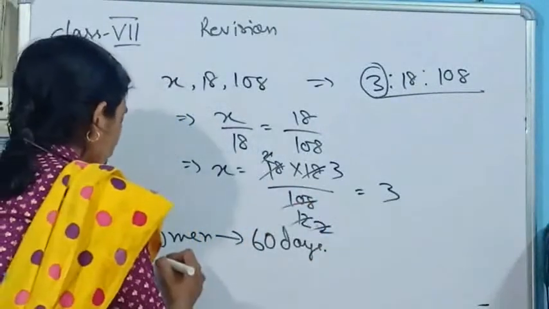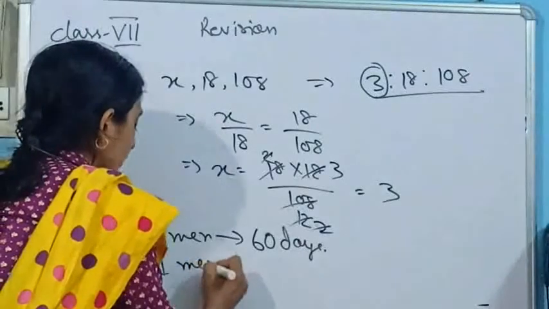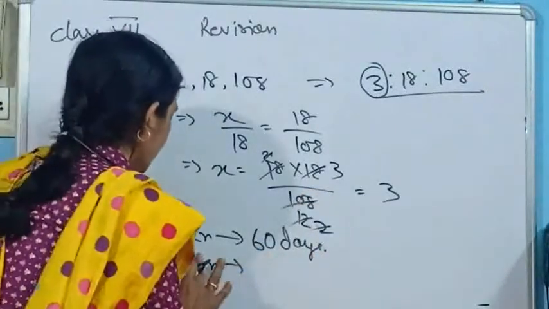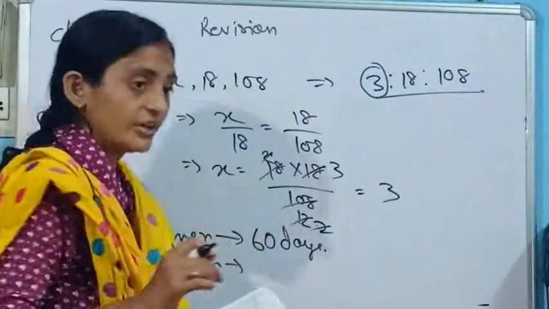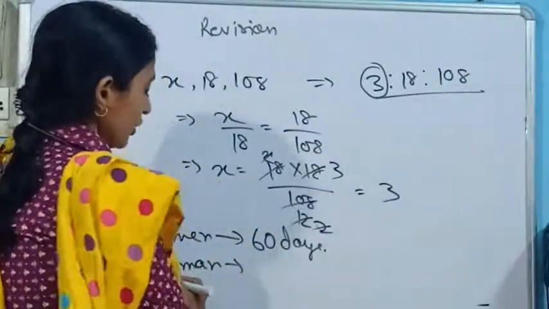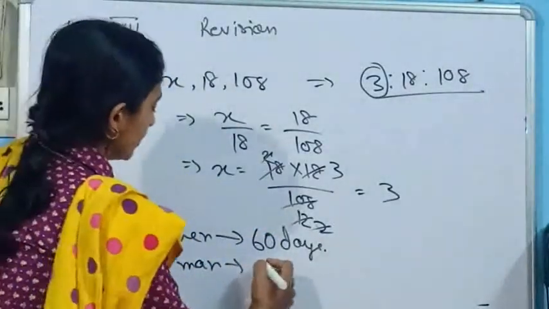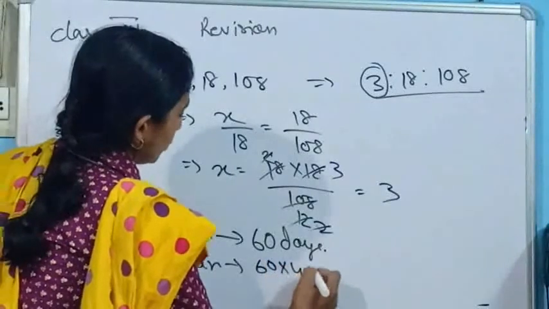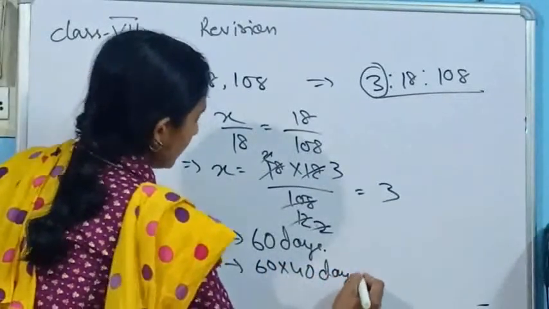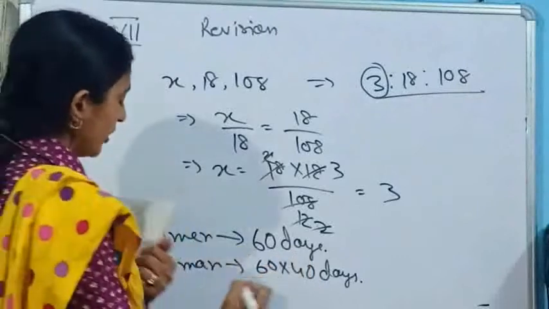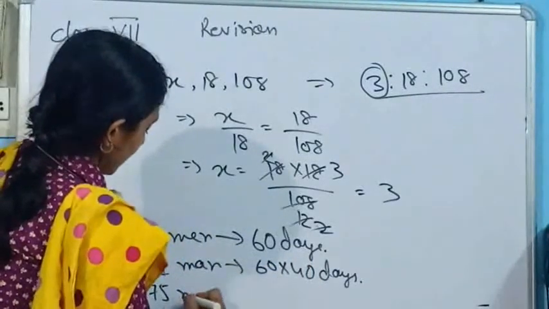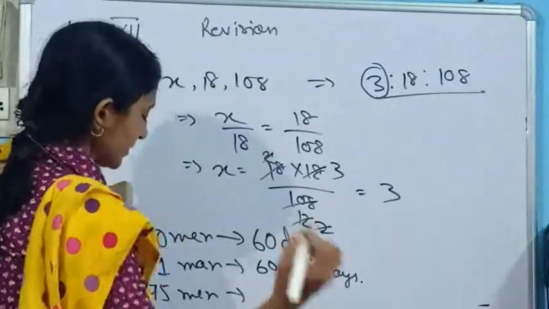Okay. So if one man is trying to complete this work, how many days will one man take? Definitely it will be more, because the manpower is reducing here. So it will be 60 into 40 days. Now the number of men given is 75 men. How many days will they take? Definitely fewer days.